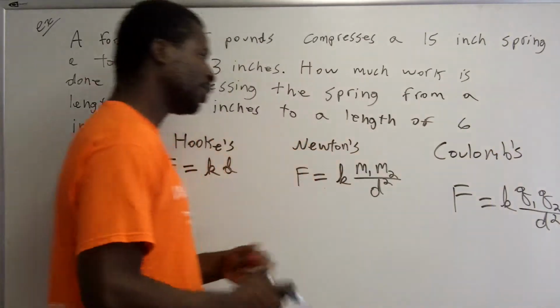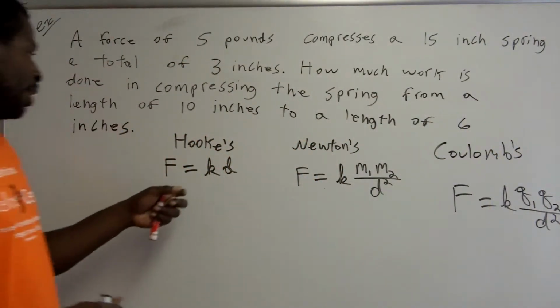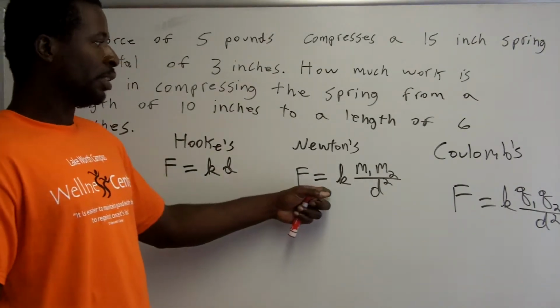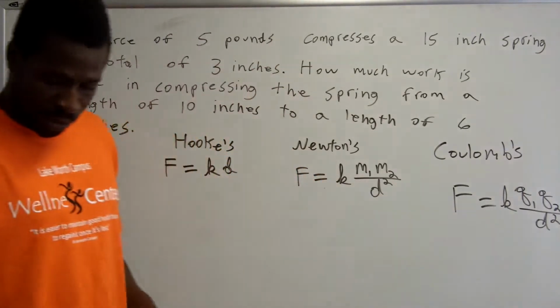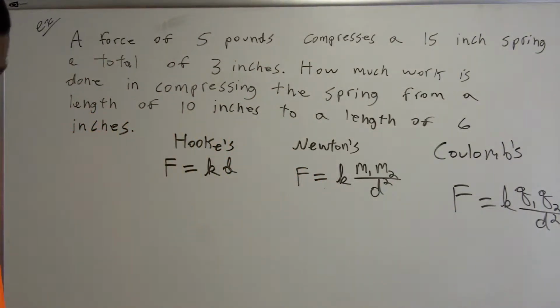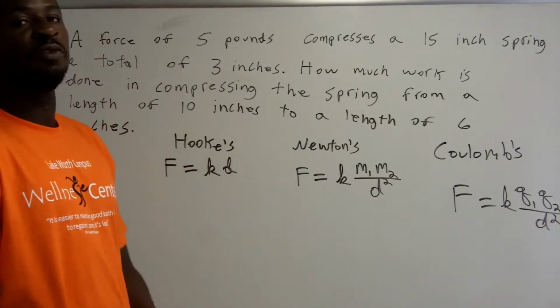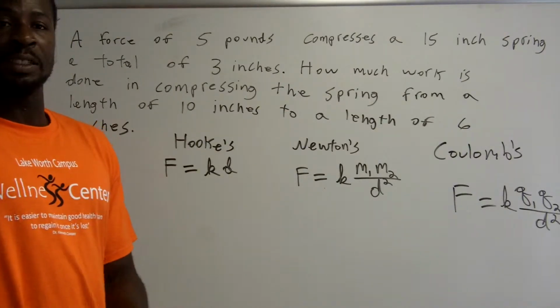So Coulomb's law and Newton's law are very similar to each other. And Hooke's law is for springs. So this is the force of a spring, this is the force of gravity, and this is the electrical force. So we're going to have to decide which one of these we're going to use to come up with an equation for our force where the independent variable is distance.